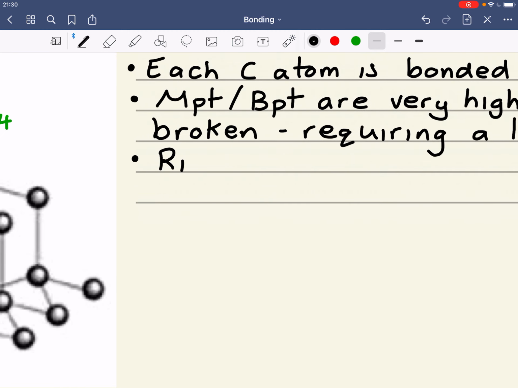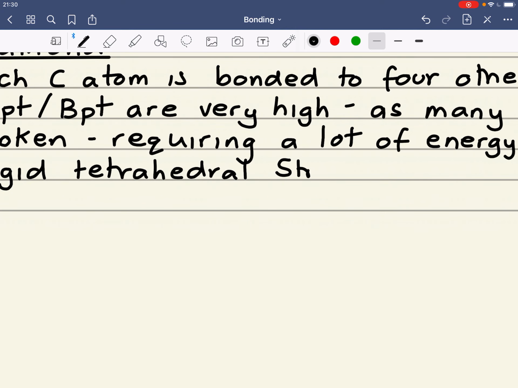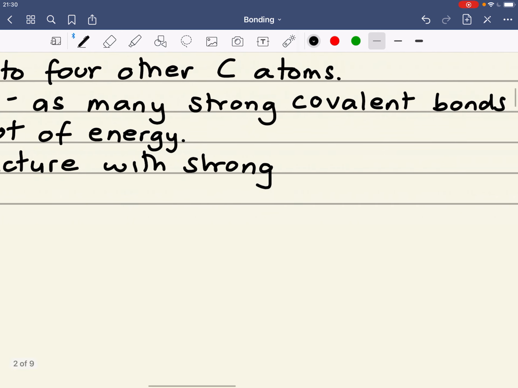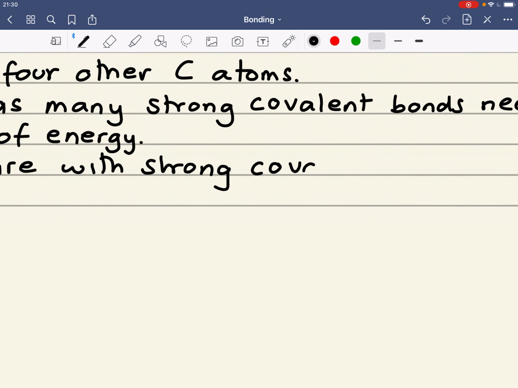So another property, it's got a rigid tetrahedral structure with strong covalent bonds, and that makes diamond very hard.